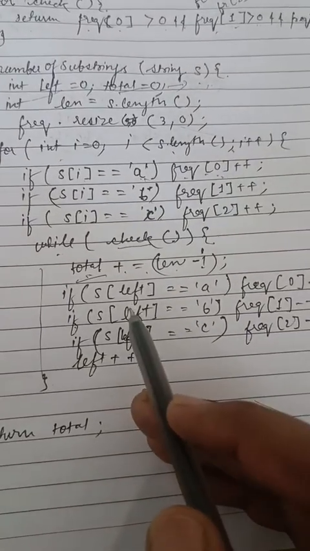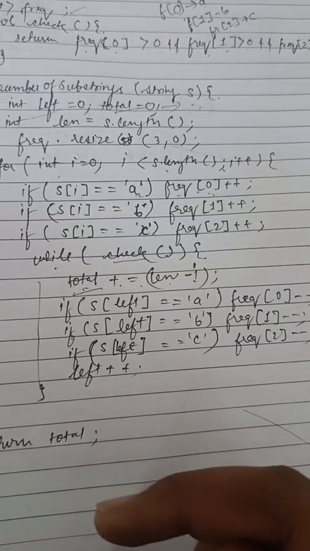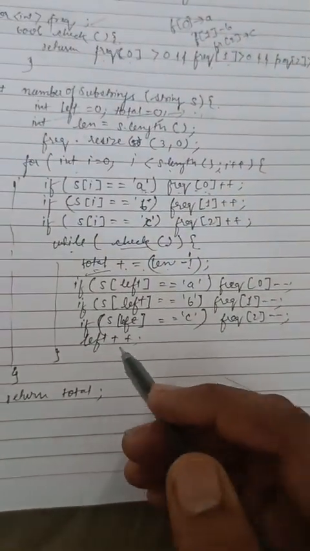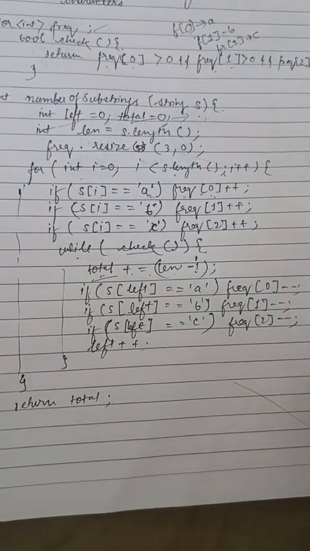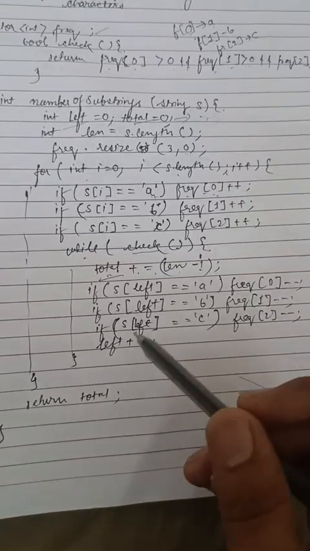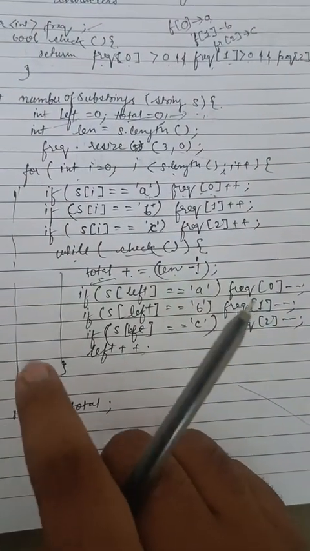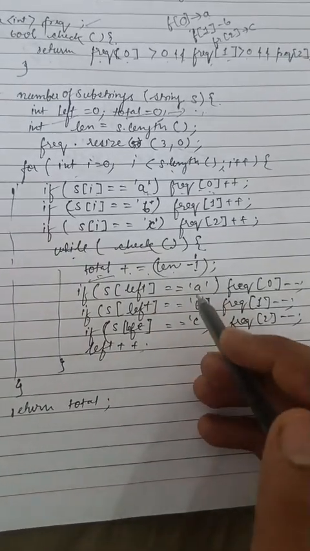Okay, now we will start incrementing the left pointer toward the right-hand side. As we move towards the right-hand side, the left pointer will move and the frequency will also get decreased, right? And while we move the left pointer to the right, we will check again and again whether it satisfies the condition or not.